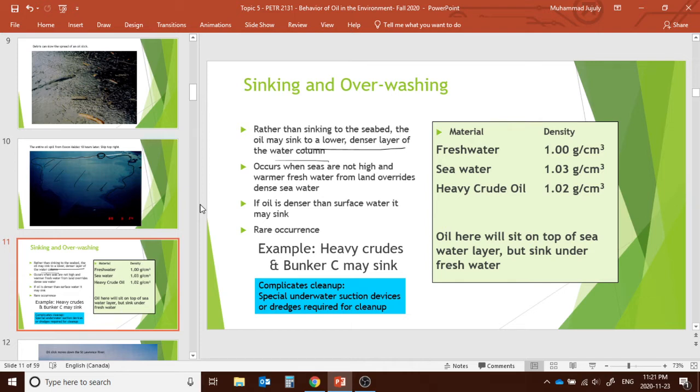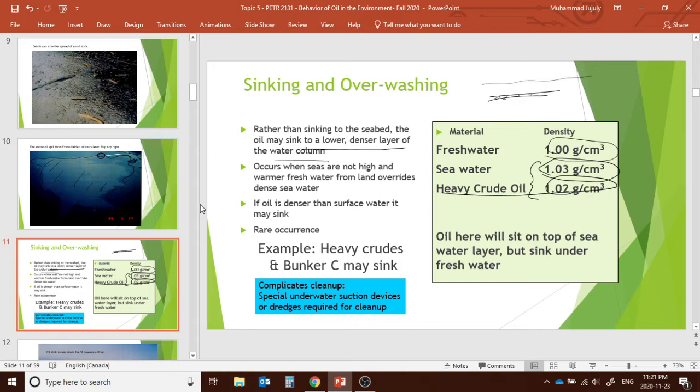However, the density of heavy crude oil is like 1.02 gram per cc, but the seawater is 1.03, and the fresh water is 1. So the density difference between the heavy crude oil and the seawater is not much.